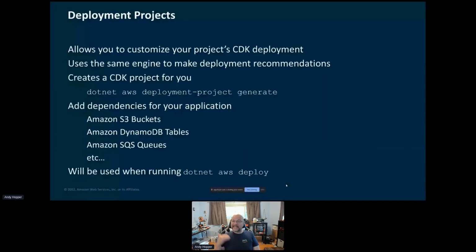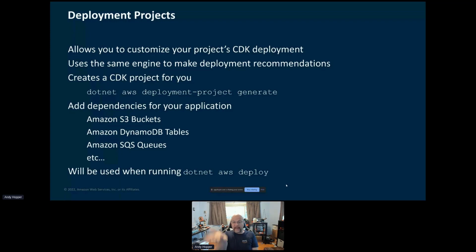Now, another addition to that .NET command line interface is something we're calling deployment projects. So I mentioned earlier, what the deploy tool will do is generate a CDK project for you to deploy your application. Sometimes, you need to have resources that may not necessarily be codified inside your application. Maybe you've got other infrastructure that is a dependency of your application.